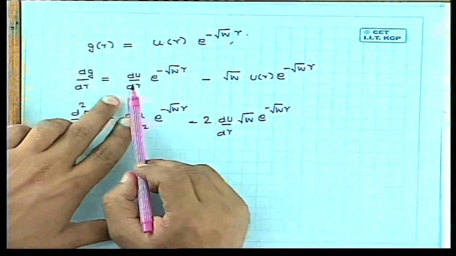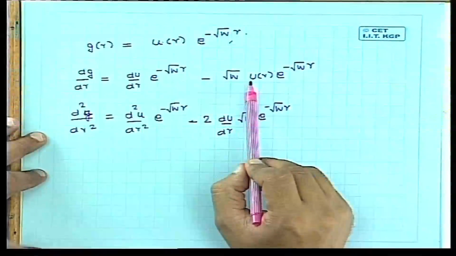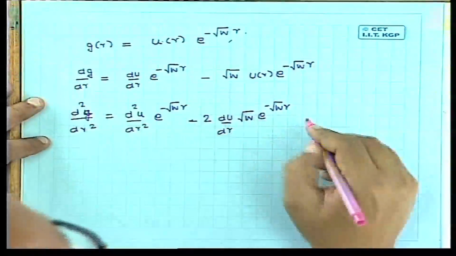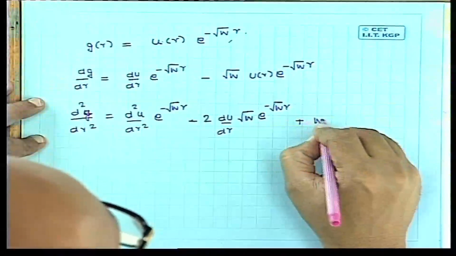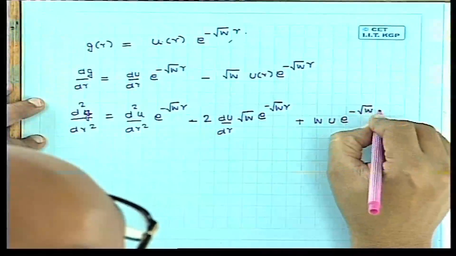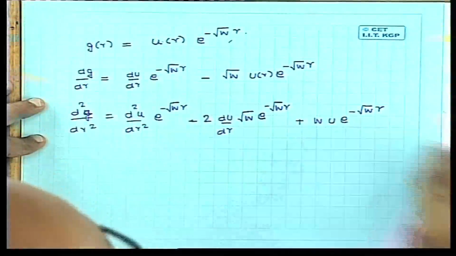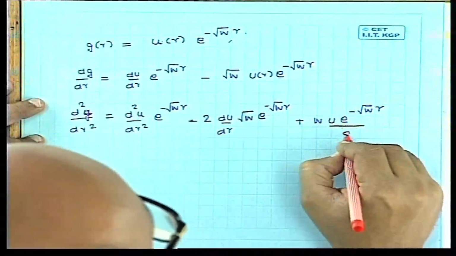One of these terms will occur when I differentiate this, and the other one will occur when I differentiate this u over here. And I have one more term which will be plus W into u into e to the power minus square root of W r, which is nothing but W into g, the original function which we had. This whole thing is g.